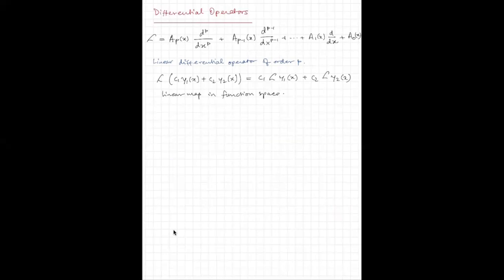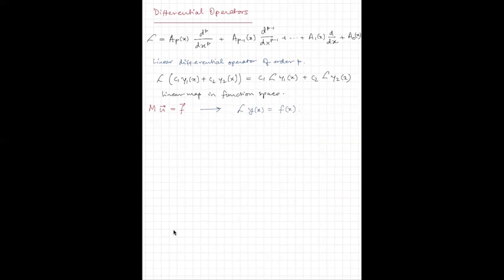So the analog of the matrix equation that we were trying to solve, the matrix equation was M u is equal to f, right? So the analog of this here now is L of y(x) is equal to f(x).